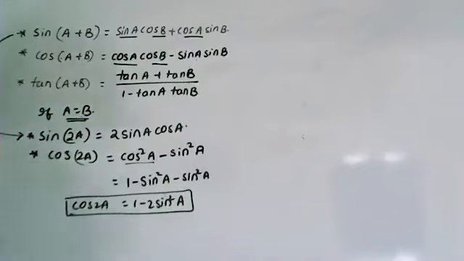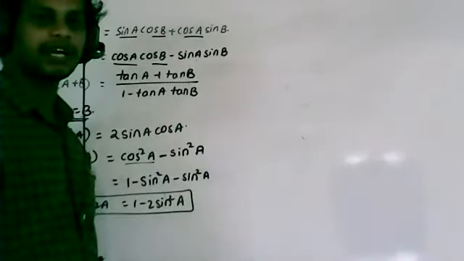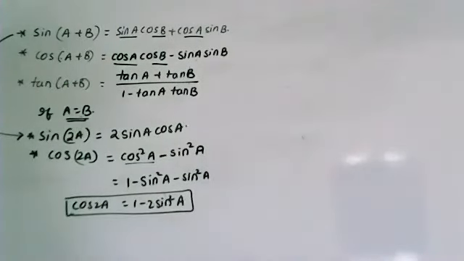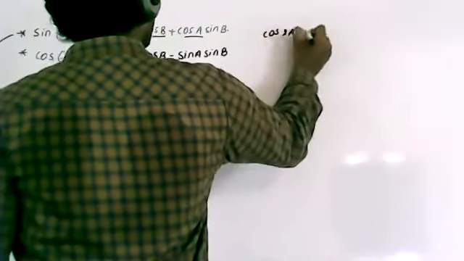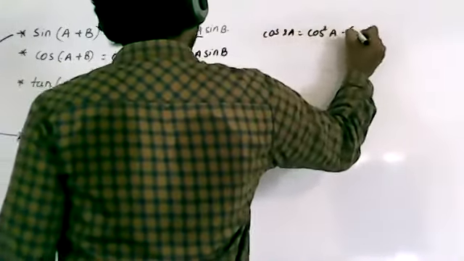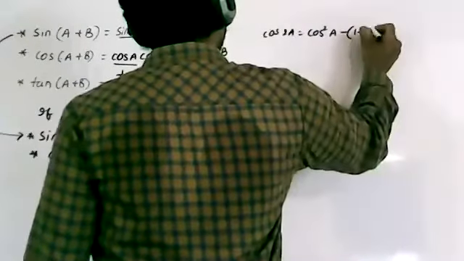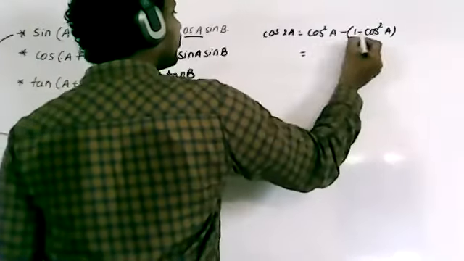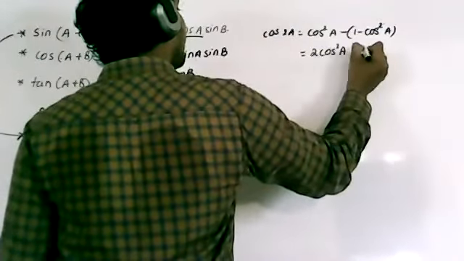Are you clear? Or else we have one more relation: cos square theta plus sin square theta is equal to 1. Then sin square theta can be taken as 1 minus cos square theta. Are you clear? If you substitute that value, cos 2A is equal to cos square A minus of 1 minus cos square A. Now you can write like this: minus into minus is plus, therefore 2 cos square A minus 1.